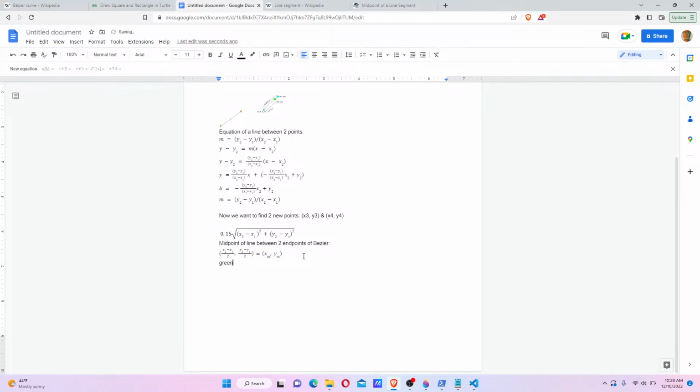Now, green point on line between end. This point is the intersection of line between endpoints and first bounding box. So how to find the green point? You do x1 minus x sub m.